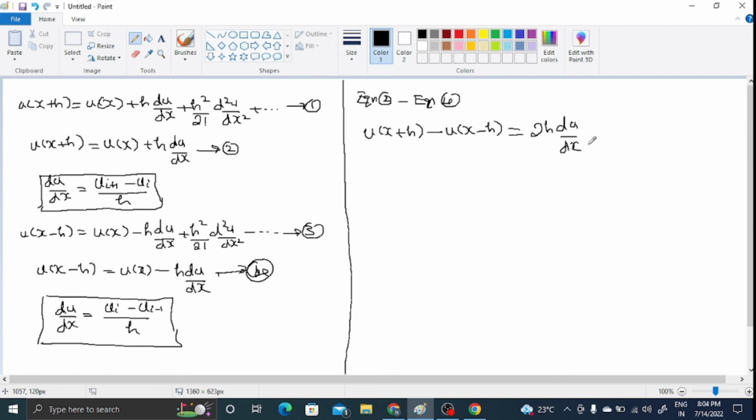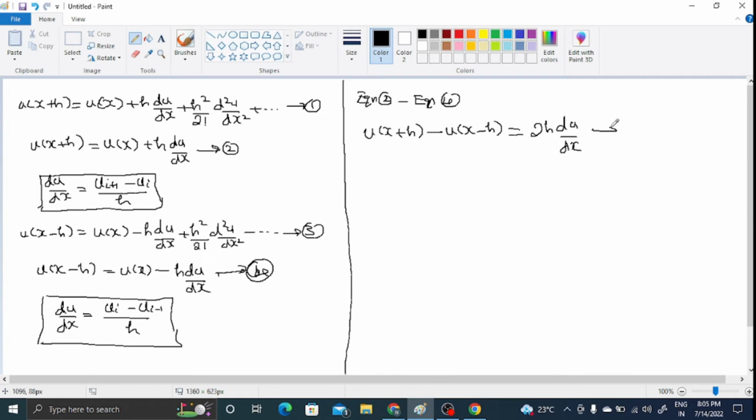All of you? If you are taking the difference between equation number 2 and equation number 4, we have u of x plus h minus u of x minus h is equal to 2h into du by dx. So this is equation number 5.